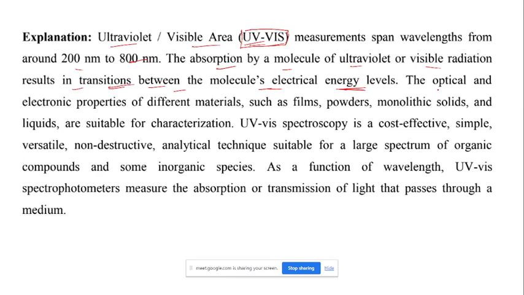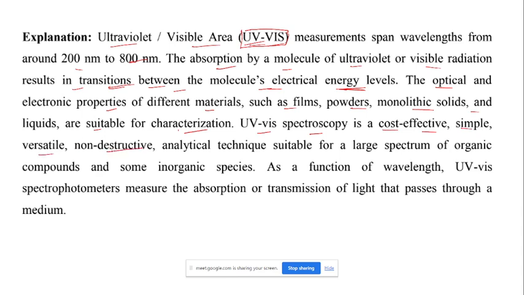The optical and electronic property of different materials such as film, powder, monolithic solid and liquid are suitable for characterization. UV visible spectroscopy is a cost-effective, simple, versatile, non-destructive analytical technique.